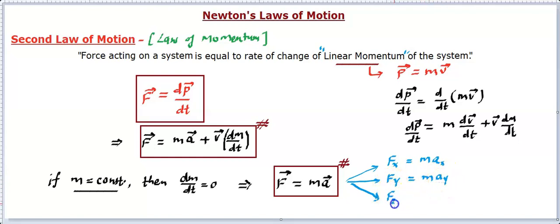Similarly for the z direction, Fz = m az. Now you can see in these component calculations, I have placed the subscript for F but not for m, because mass is not a vector quantity. So the same m is used in the x component, the y component, and the z component.